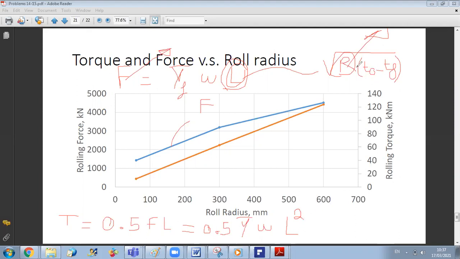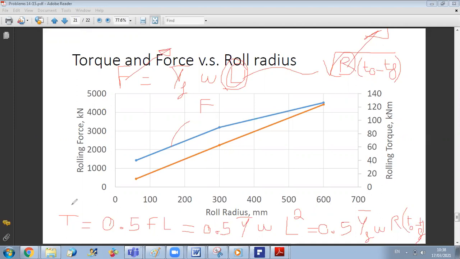So it's proportional to R, because if I replace L squared by its value, I get 0.5 times Y bar times omega, and instead of L squared, it's R times (T0 minus Tf). So I can see that the relation between torque and radius is linear.